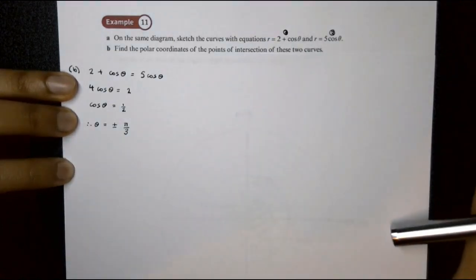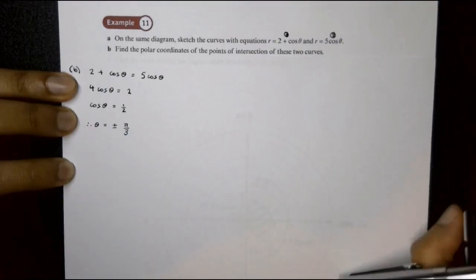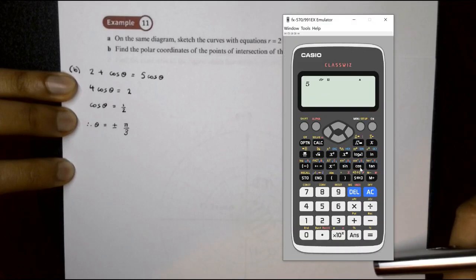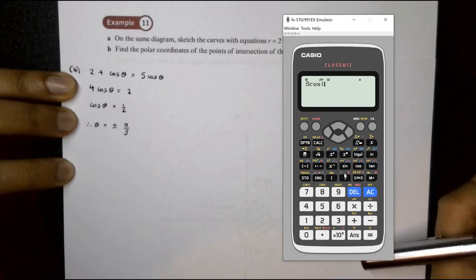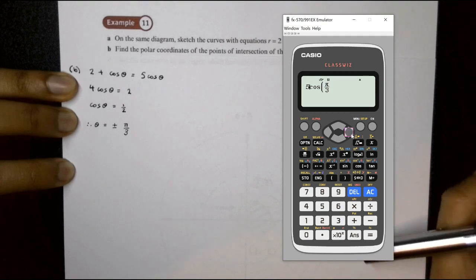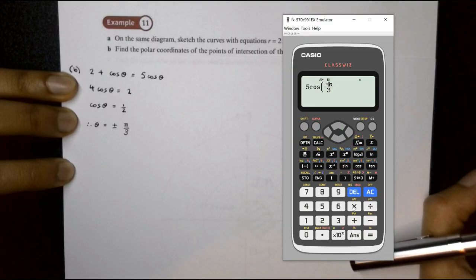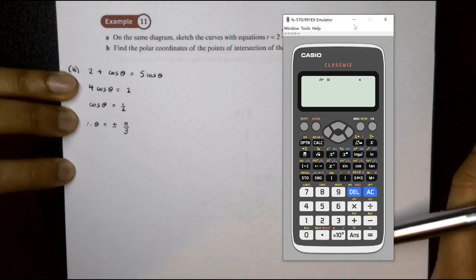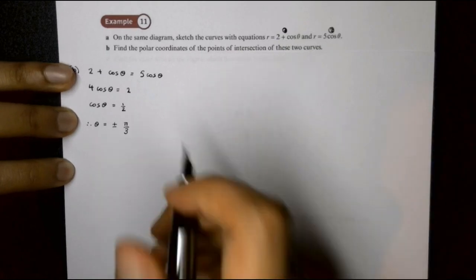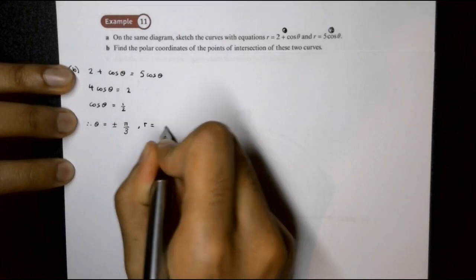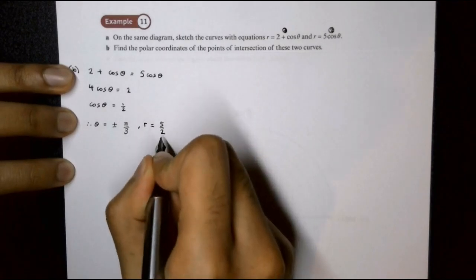So when theta is equal to pi over 3, we've got 5 lots of the cosine of pi over 3, which is 5 over 2, and of course minus pi over 3. That will also give the 5 over 2 because cosine is an even function. So therefore, r is equal to 5 over 2.